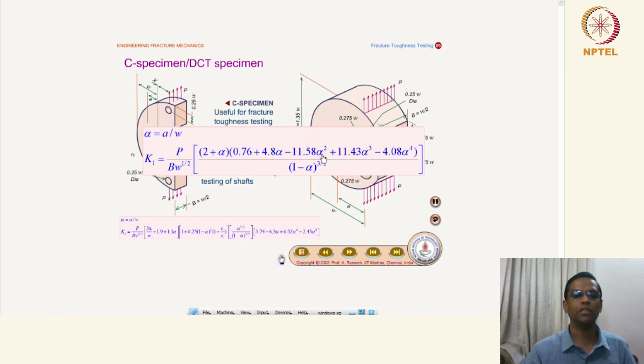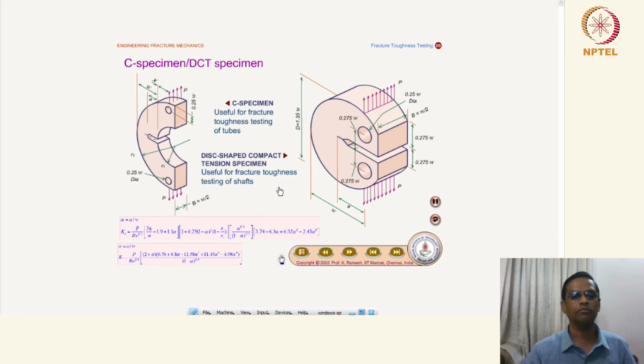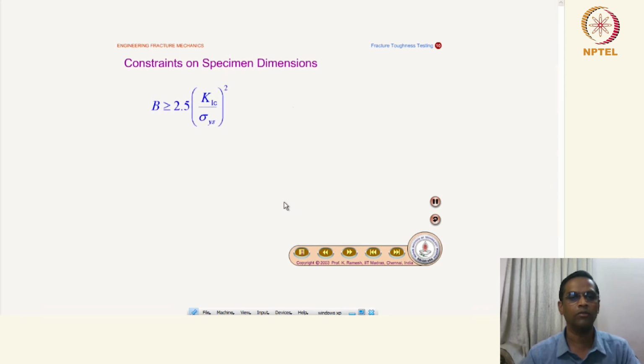So the expression is different for this dimension. But all of them are also given in the ASTM codes. So this is just for reference. You should know what types of specimens are available and why they are given, and for that reason only I brought all of them.